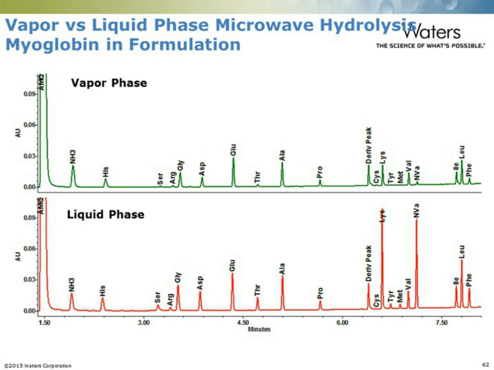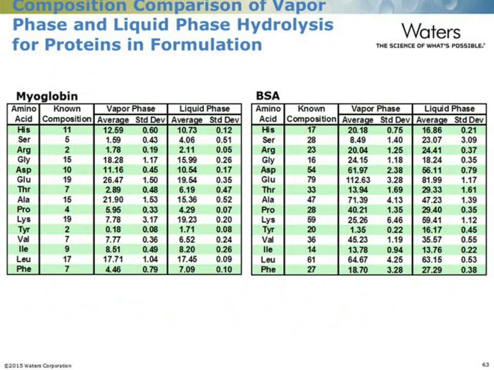So the vapor phase and liquid phase for proteins in a formulation clearly shows that the liquid phase, because it distributes the samples better and provides a larger molar excess, gives you a more complete and more accurate analysis of the protein. And we can confirm this by looking at the composition.